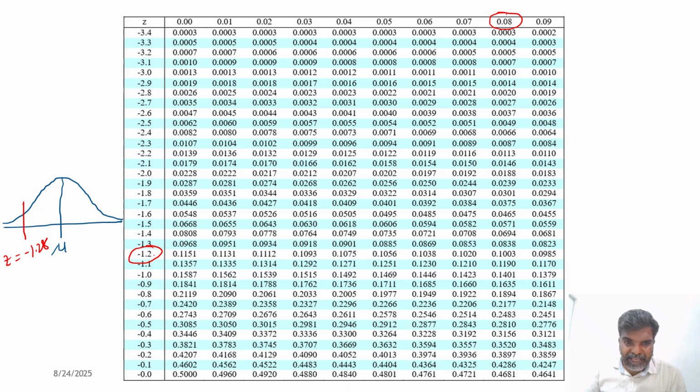Okay, the corresponding area, you can look at this. See, this is the corresponding area. We know that this is the left side area of the Z value. So this area is 0.1003. Okay, this is the procedure to use the Z table.